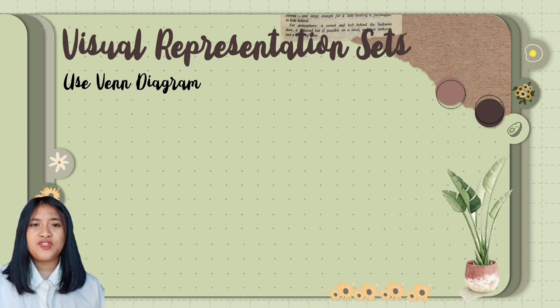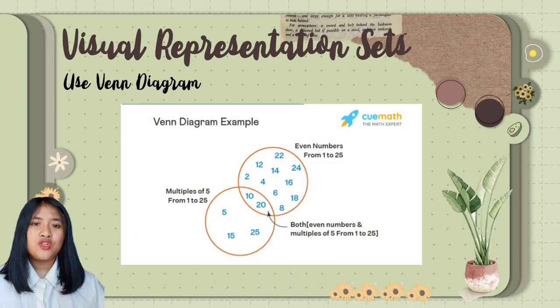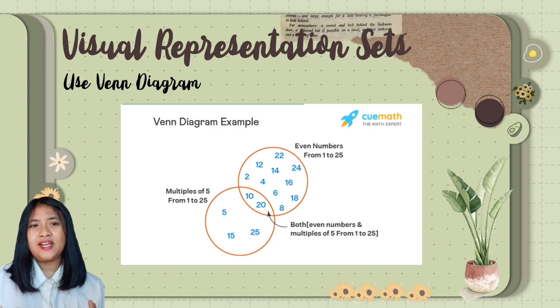Let us observe a Venn diagram example. Here is the Venn diagram showing the correlation between the following sets of numbers.